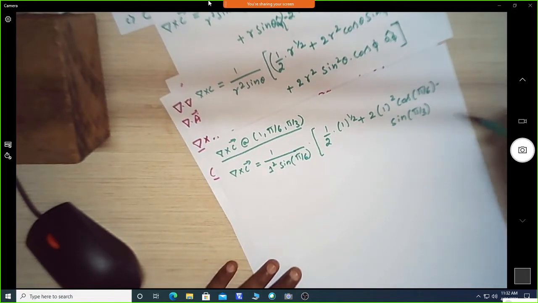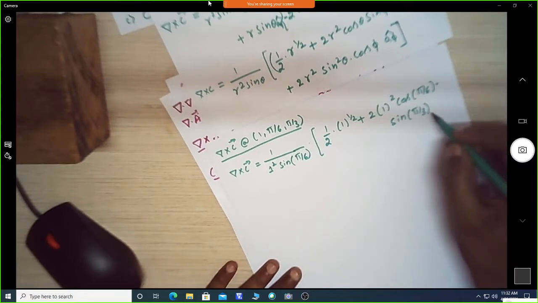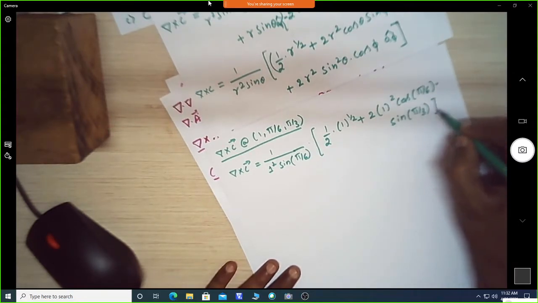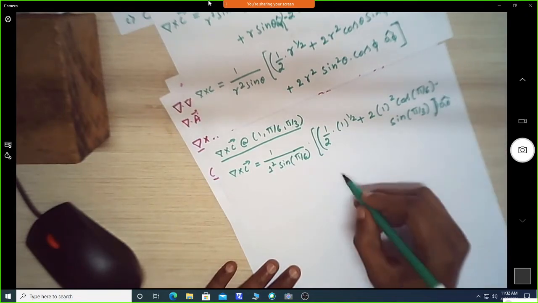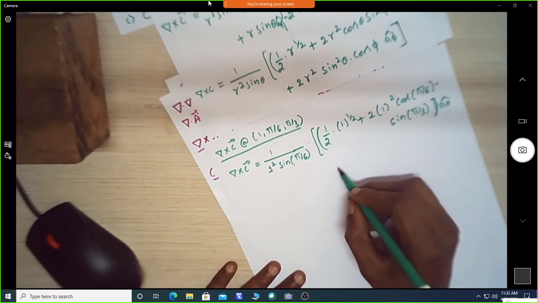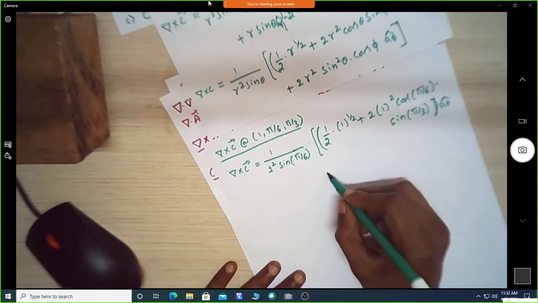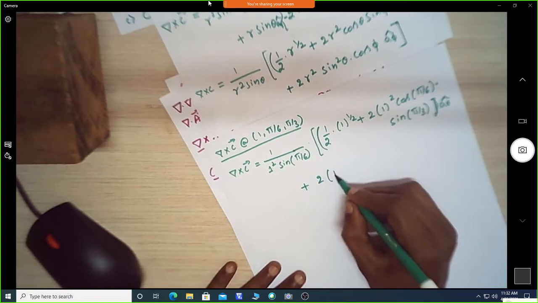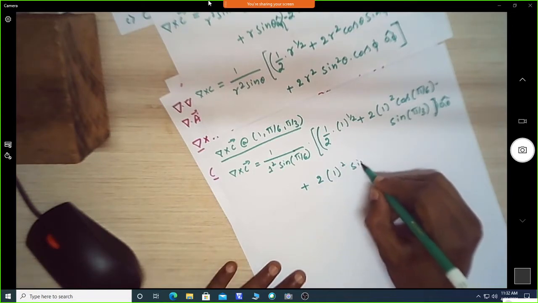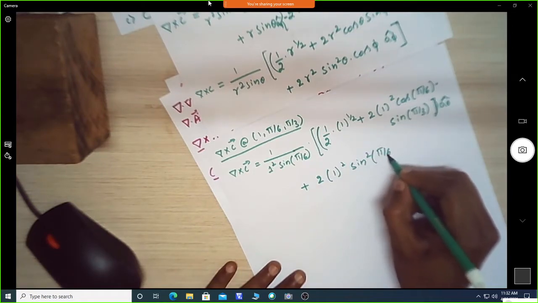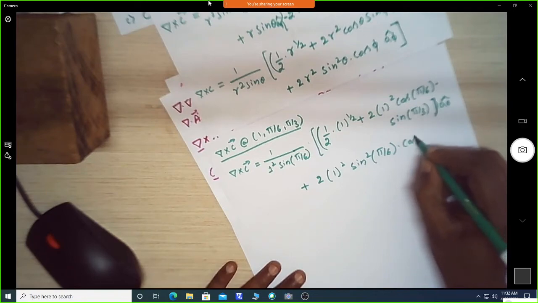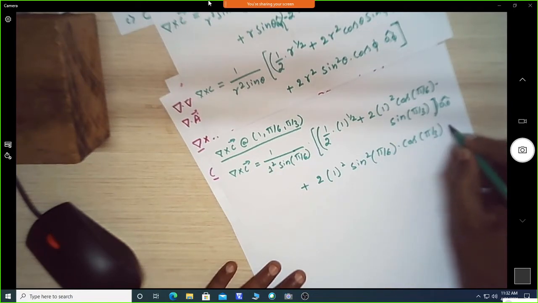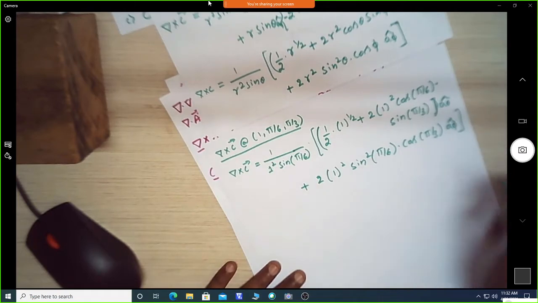Now that is the theta direction, and similarly we have the phi direction. So plus 2 into r is 1, so sin square of pi by 6 into cos of pi by 3 in the phi direction.